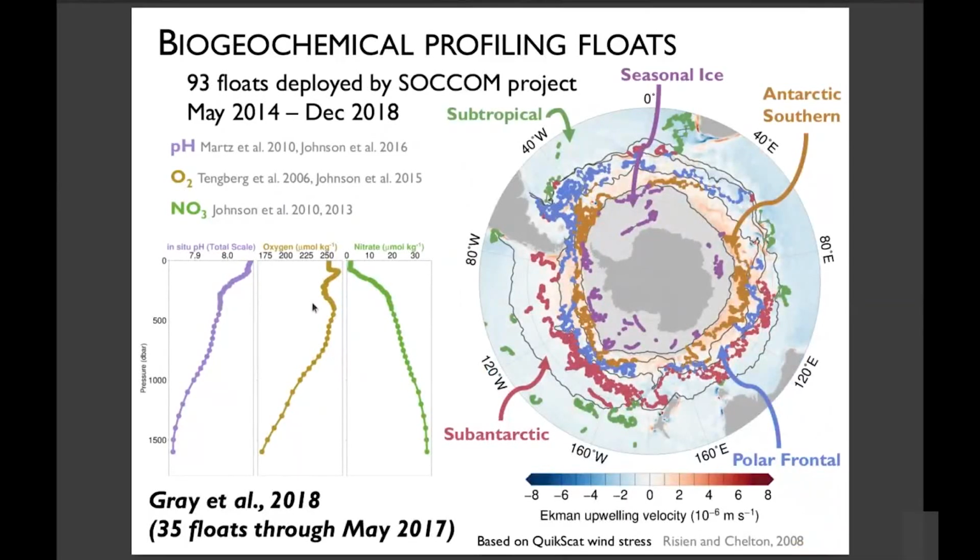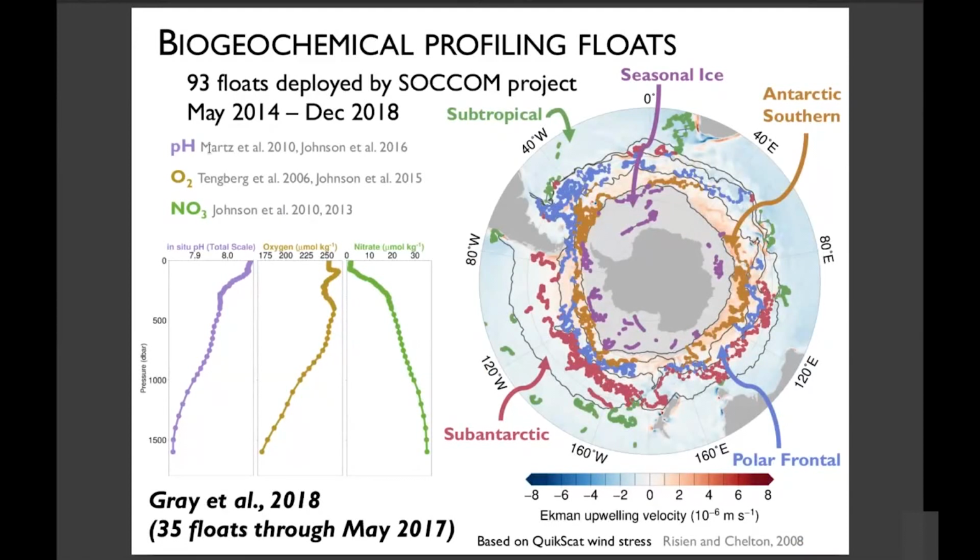These floats are like regular Argo floats. They're measuring things like pH and oxygen and nitrate, as well as some bio-optical properties. And some work that I did used these data to estimate carbon fluxes. We used the pH data along with an empirical estimate of alkalinity to estimate pCO2 from the floats.